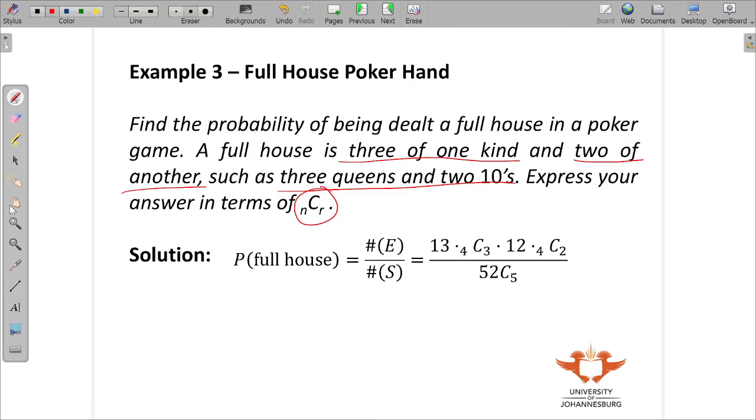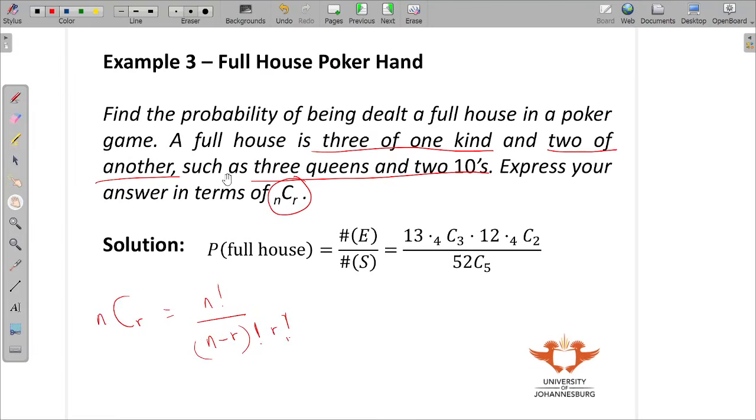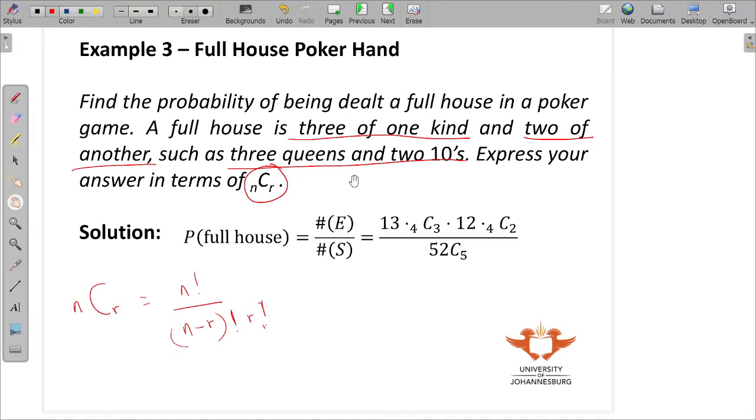You remember this combination? It means n factorial over n minus r factorial times r factorial. That's what this combination means, and it means selection.